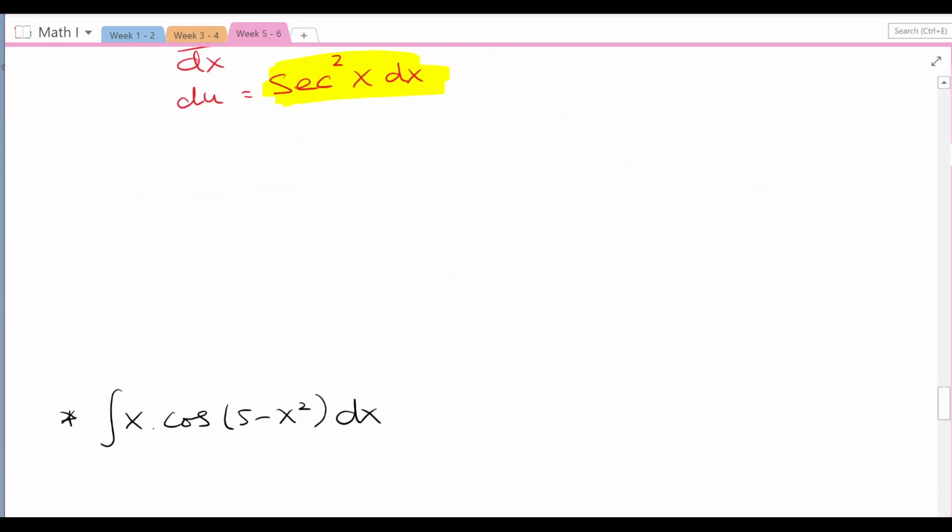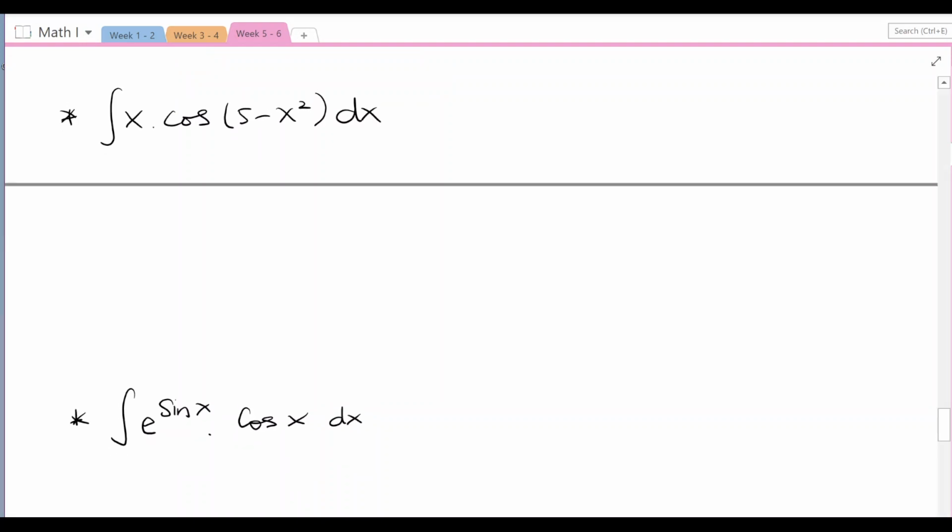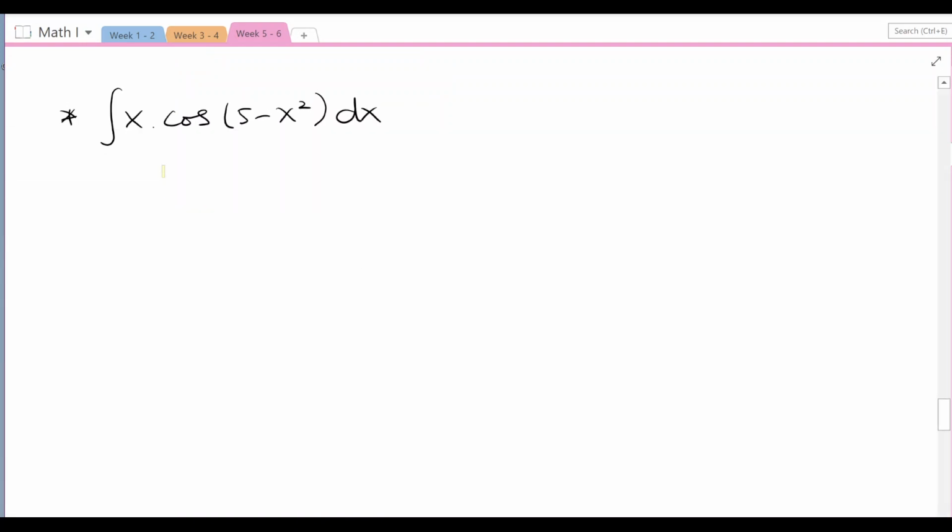Let's see another question. Integral of x times cos of 5 minus x squared dx. Again, we just have to let u be the one that, when differentiated, equals our other term.